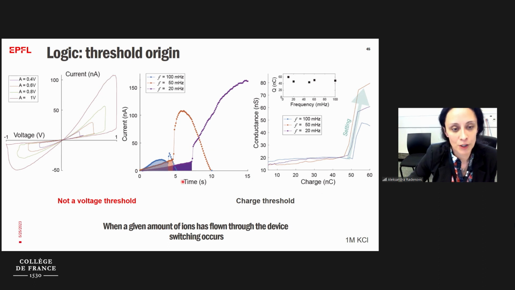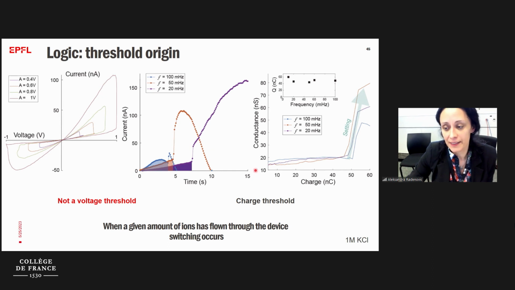So in order to understand this, we focused our attention on the performance of devices under different frequencies. Here we can see current traces recorded at different frequencies, and they highlight the continuous nature of ionic transport.